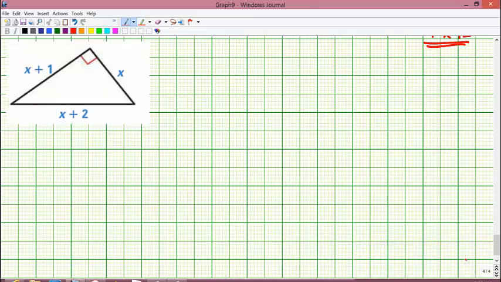We've got a right triangle, and there it is. So a squared plus b squared equals c squared. In this case, the hypotenuse is x plus 2. So let's fill in our values. So that will be x plus 1 squared plus x squared equals x plus 2 squared.